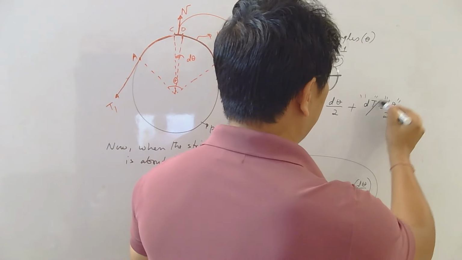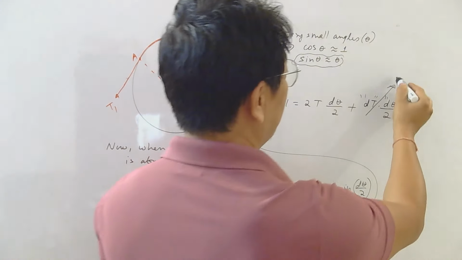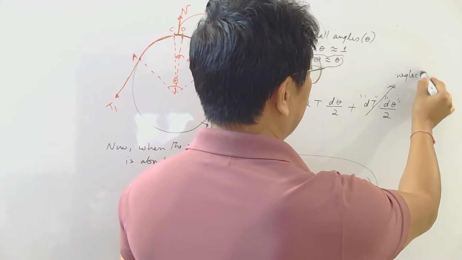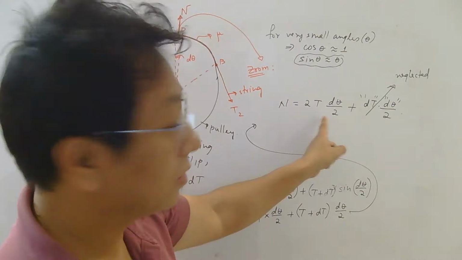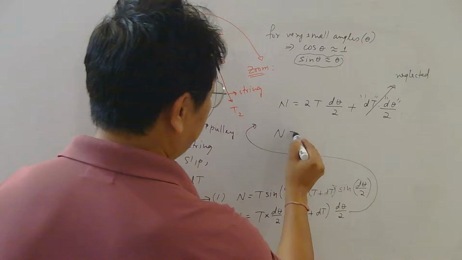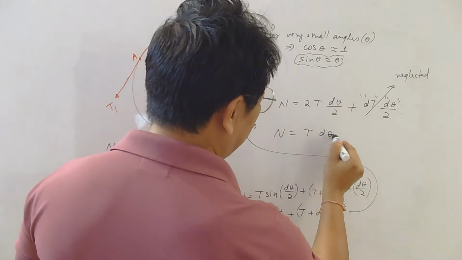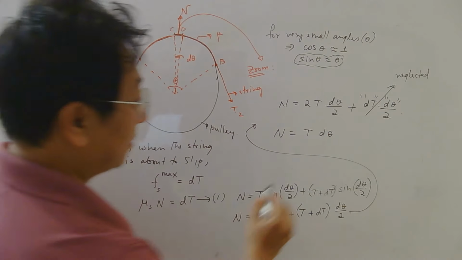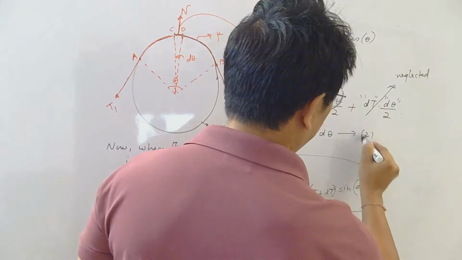So the product of two differentials can always be neglected in comparison to this value. Once you neglect this, what will be the normal force? T into d theta. Isn't it? This is your equation 2.